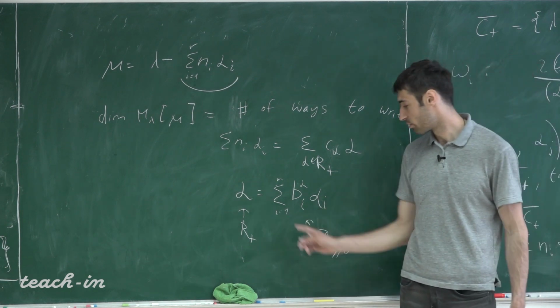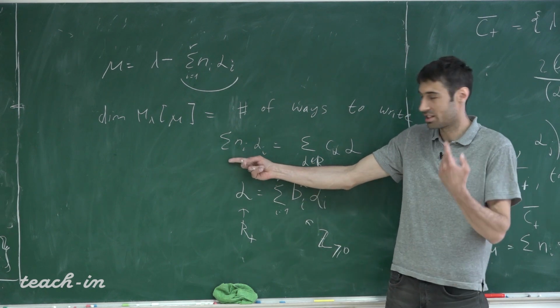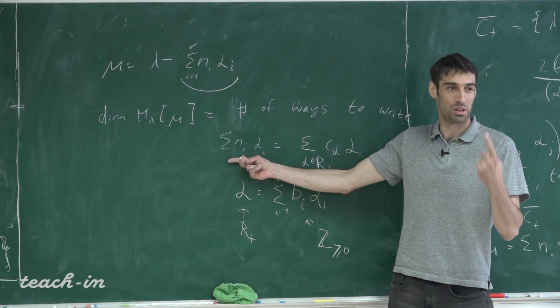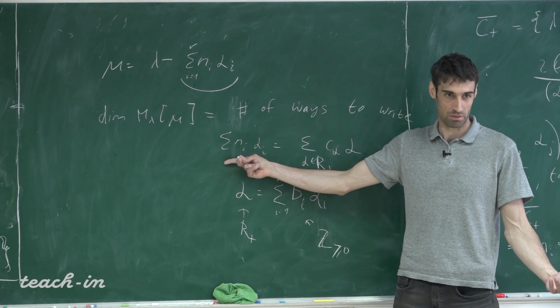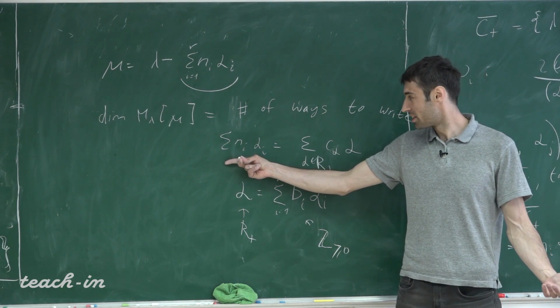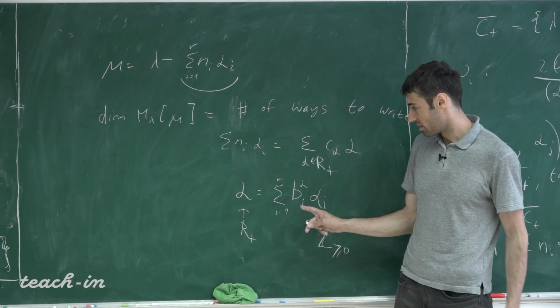So each positive root we can write like that. So you start with this. This already gives us one way to write this thing like that, right? Because simple roots are positive roots. But then you just subtract from n_i something.